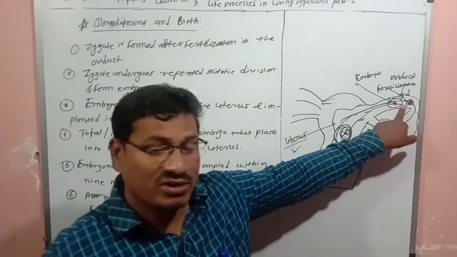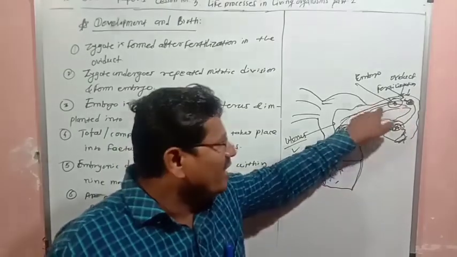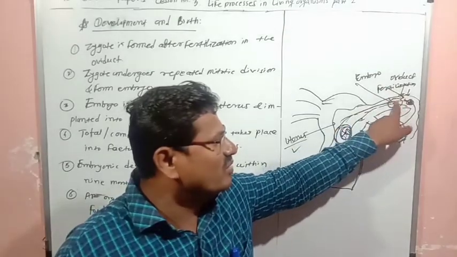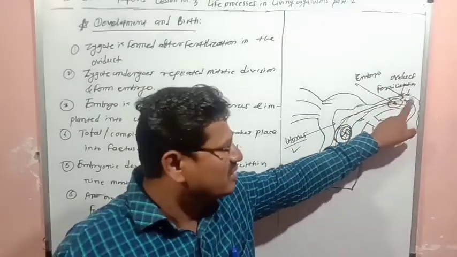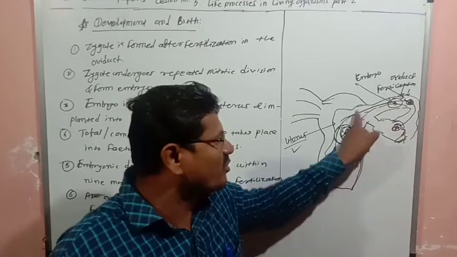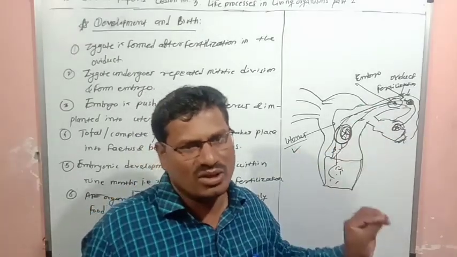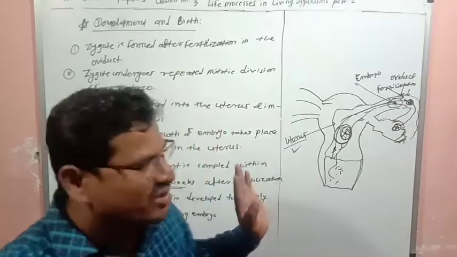Fertilization occurs in the oviduct, after fertilization the zygote is formed, and the zygote gets converted into an embryo. The embryo is implanted into the uterus, and complete growth takes place in the uterus.